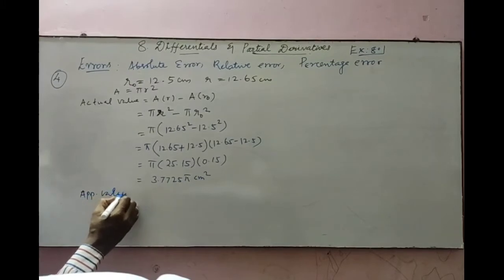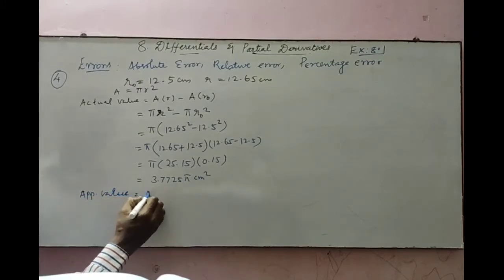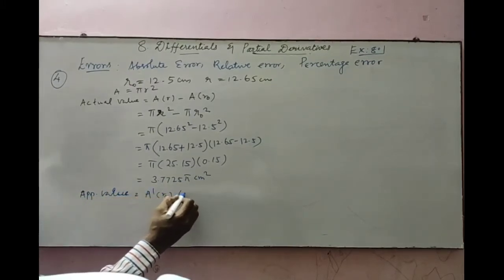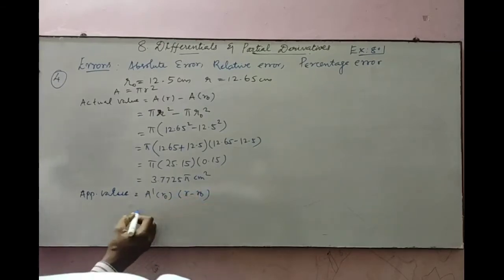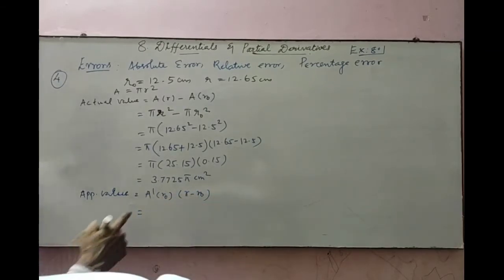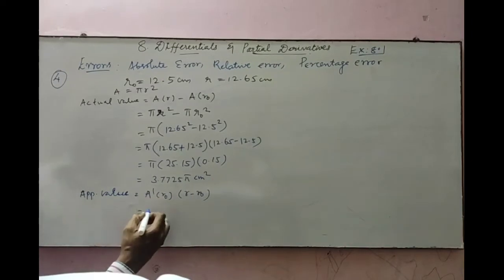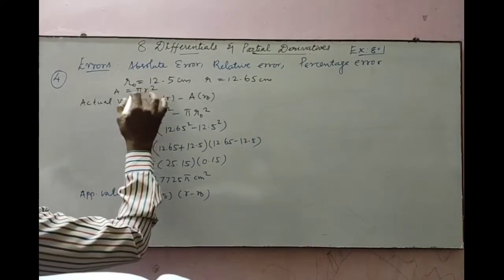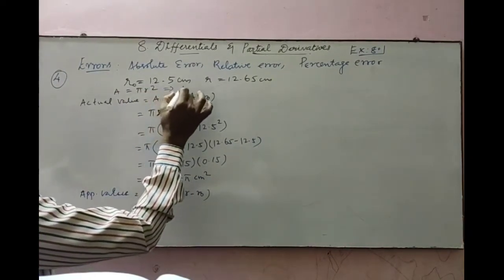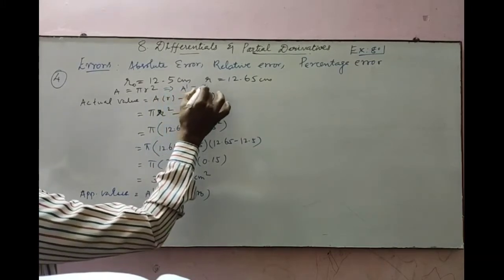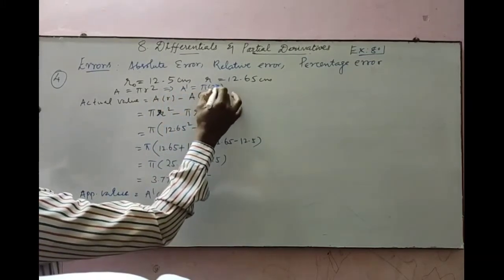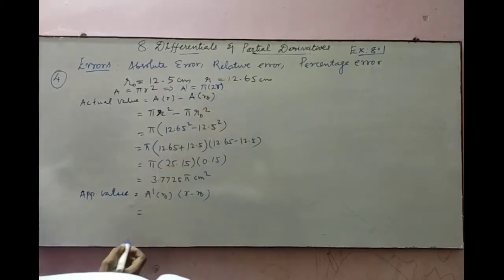Next, we are going to find the approximate value. The approximate value is obtained by A dash of R0 into R minus R0. A dash of R0 means you have to differentiate this A with respect to R. You will get pi into 2R. So substitute here pi into 2R, R means here R0.